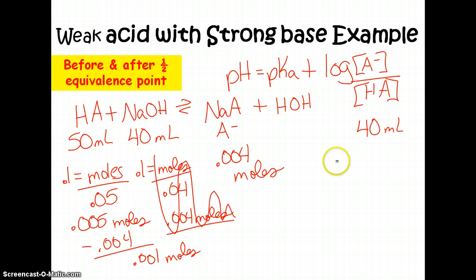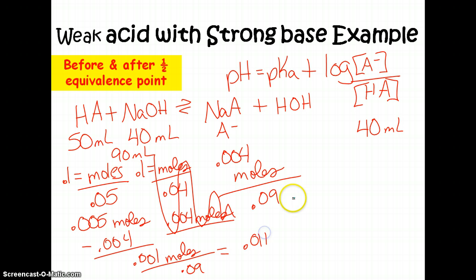I then went and plugged these concentrations in, but first I got to get them to concentrations, which means I need the total volume. Total volume is 50 plus 40, so 90 mL, which is 0.09 liters. So I divided both of these by 0.09. My concentration here was 0.011, and my concentration here was 0.044.